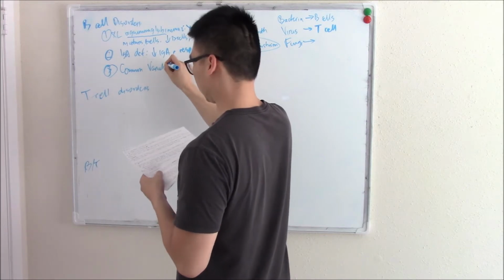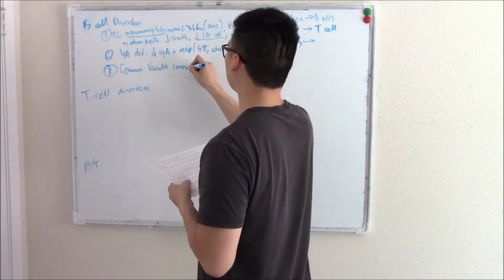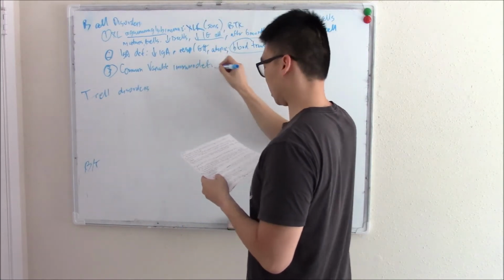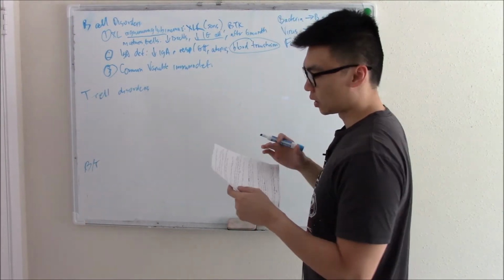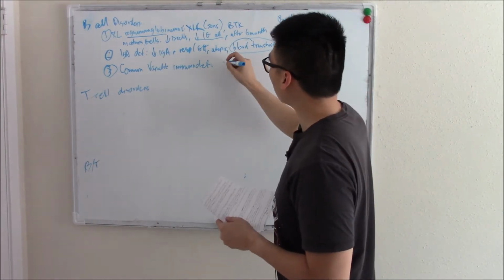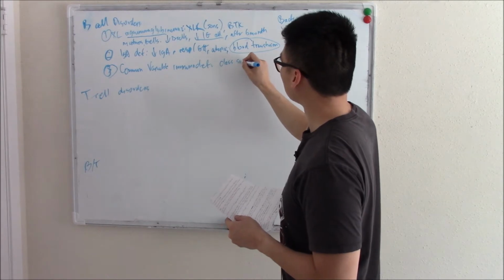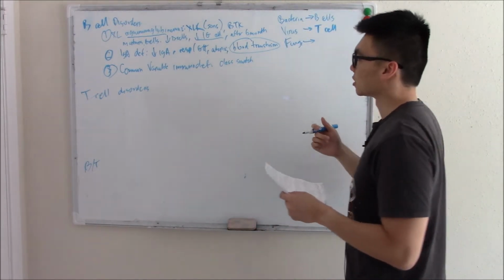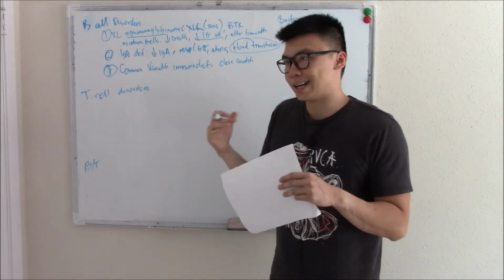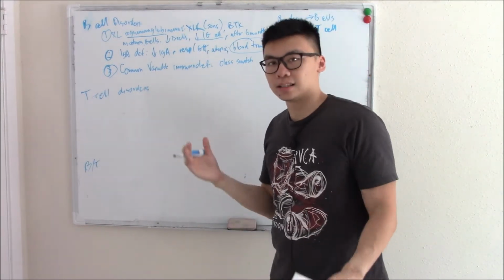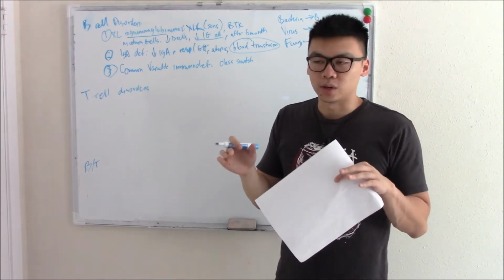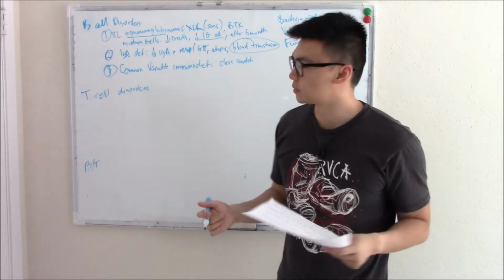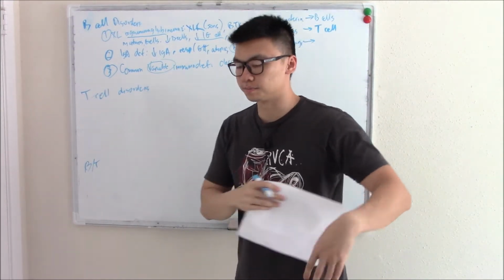Last one is going to be common variable immunodeficiency. This is multifactorial problem with class switching. That seems kind of generic, not very specific, and that's exactly what you see. Sometimes some people might have decreased IgG, some people might have decreased IgA, some people might have normal both, but they have decreased IgM. It's variable, that's why we call it variable.